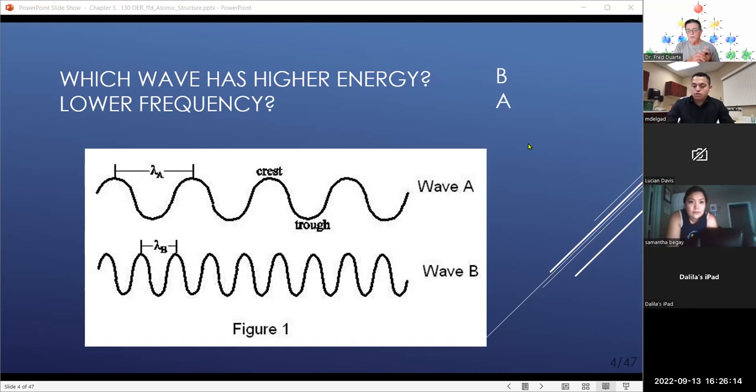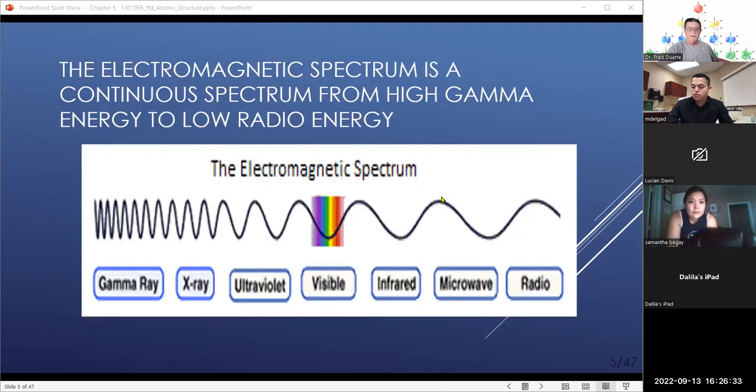And A would have the lower frequency because it has the longer wavelength. Okay. So just by looking at the diagram, you can distinguish differences like that: energy, frequency, and even wavelength.